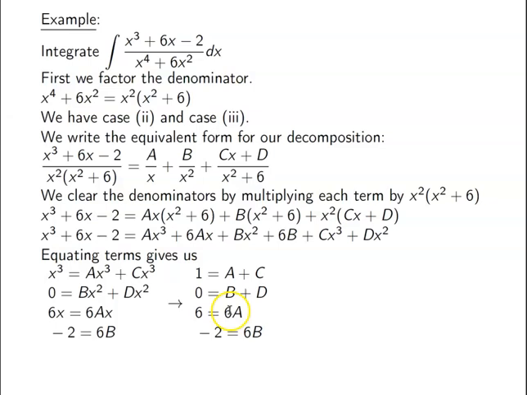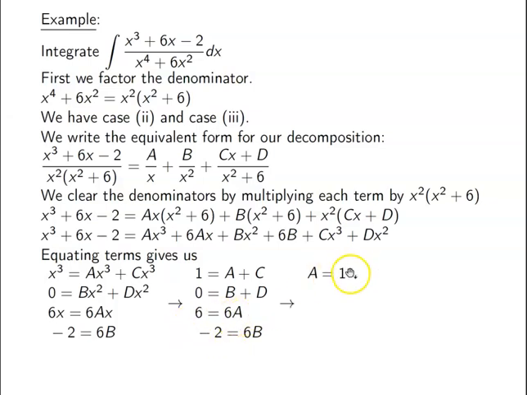Using this bottom one, it's very easy to see that a is equal to 1, right? 6 times something. 6 times something. It has to be 1, right? Another way to find that, obviously, is to divide both sides by 6. Here, if I want to get b alone, I divide both sides by 6. It's very easy to see that b is -1/3.